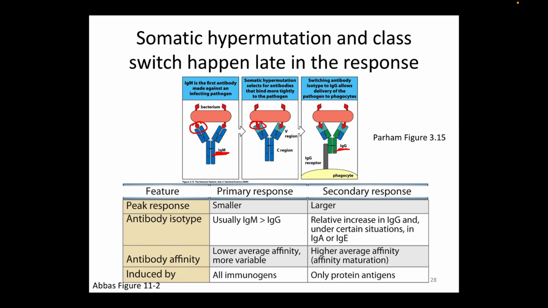That change in affinity in terms of the change in the protein is called affinity maturation. And the change in the constant region from IgM to IgG or to some other ones is called class switch.